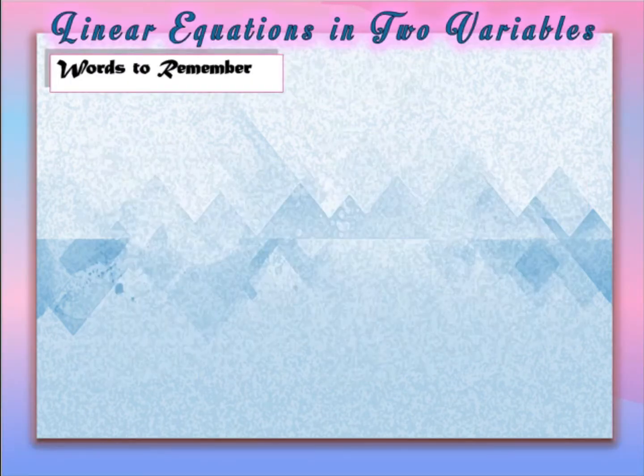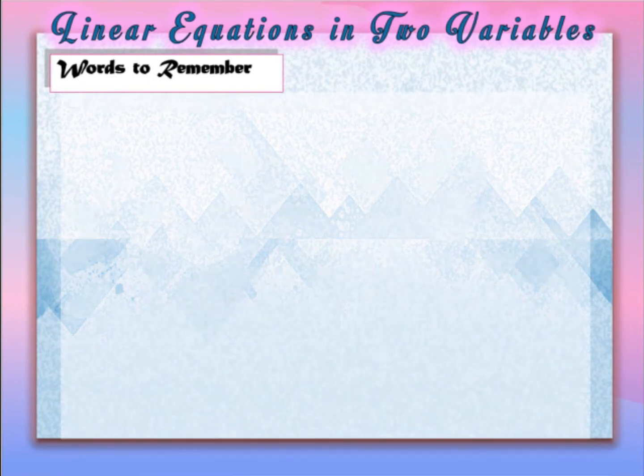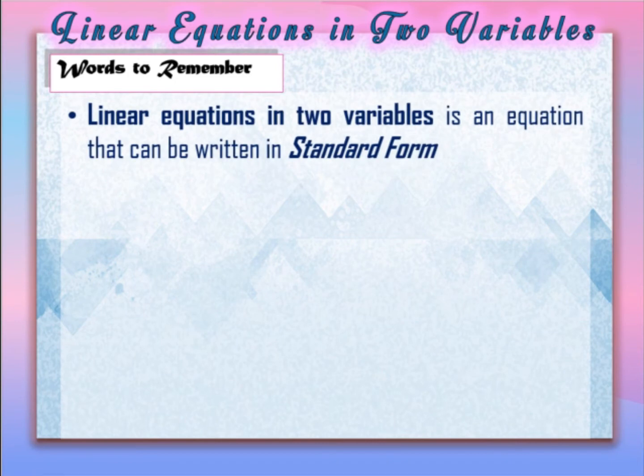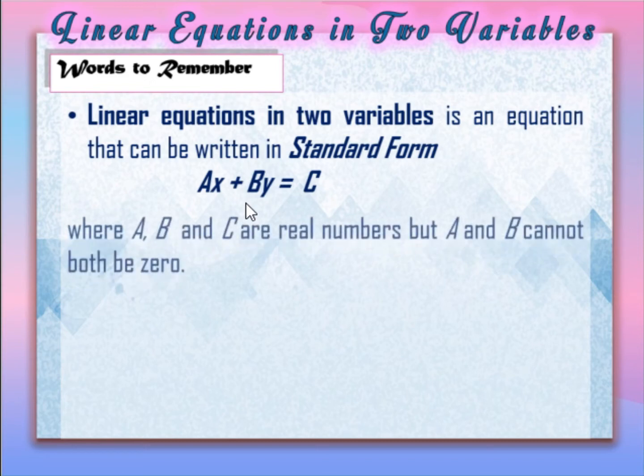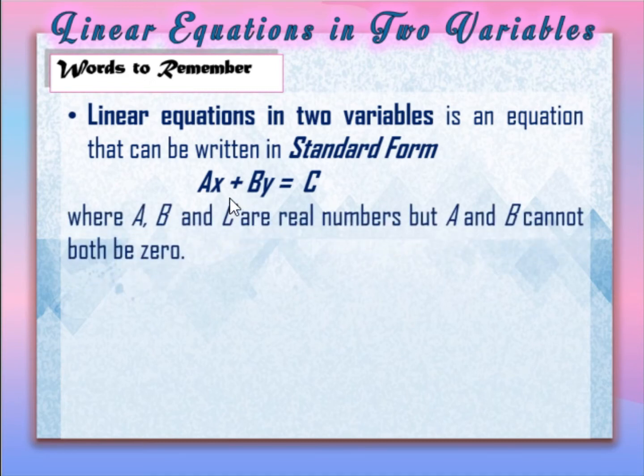We have the following terms to remember in dealing with linear equations. A linear equation in two variables is an equation that can be written in standard form, ax plus by is equal to c, where a, b, and c are real numbers, but a and b cannot both be 0.